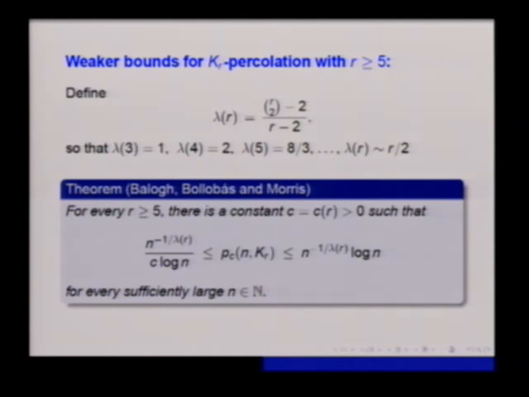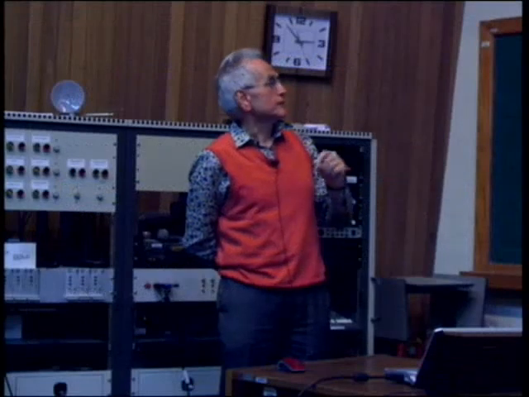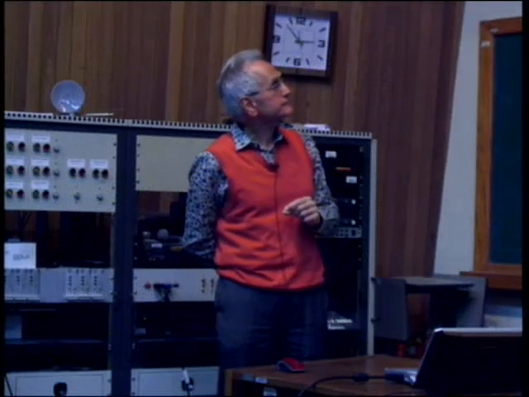Let's define this constant lambda(r), which is about r over 2 for large r, and the critical probability then satisfies these two inequalities, which are not that close to each other, so we are off at least by a factor of log n. And we all know that to get rid of that factor is 99.99% of the work, usually, not necessarily.